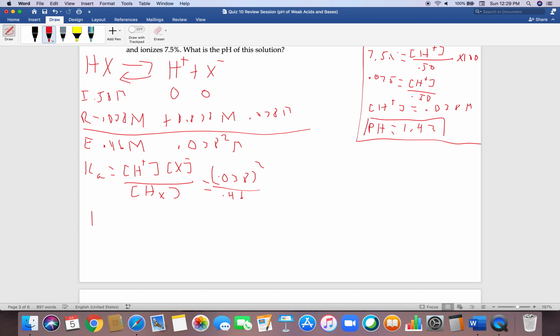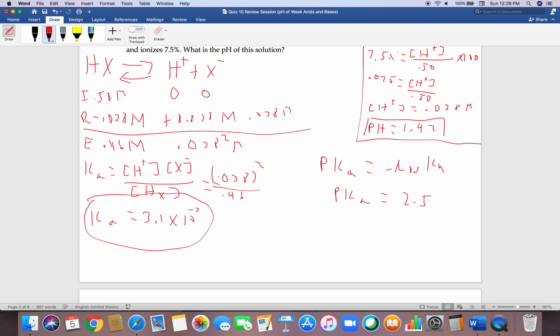So the Ka is going to equal 3.1 times 10 to the negative third. Now to find the pKa, that equals the negative log of the Ka. So the pKa would equal the negative log of 3.1 times 10 to the negative third, or 2.5. That is that.